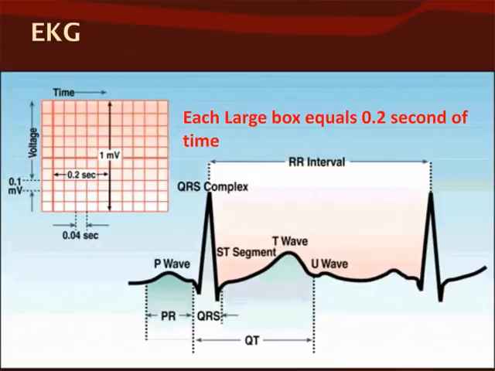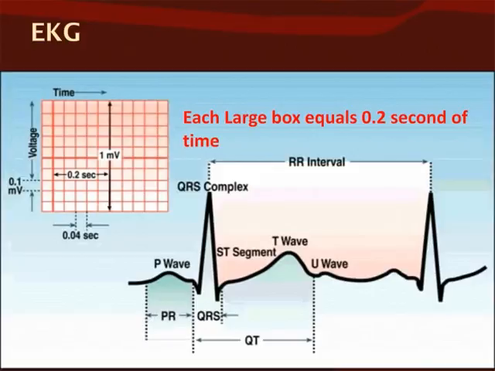An electrical event that takes 0.08 of a second would create a line 2 small boxes long. So let's talk about what's normal. A P wave is 3 boxes, or 0.12 second wide.